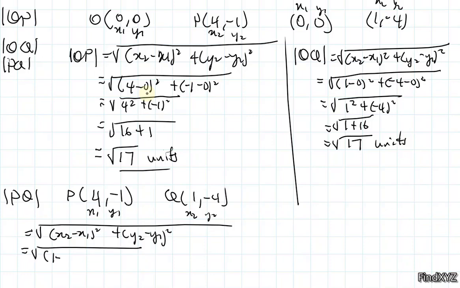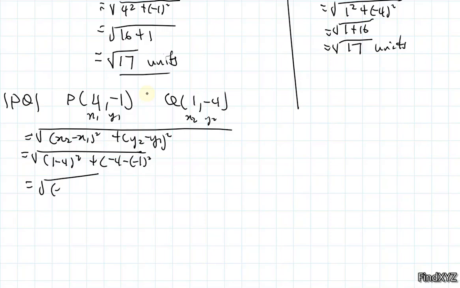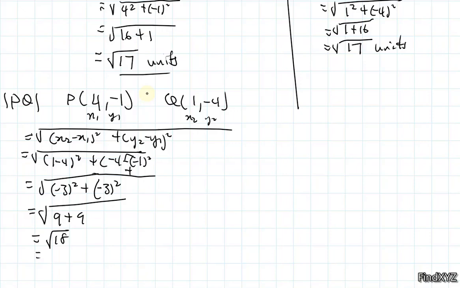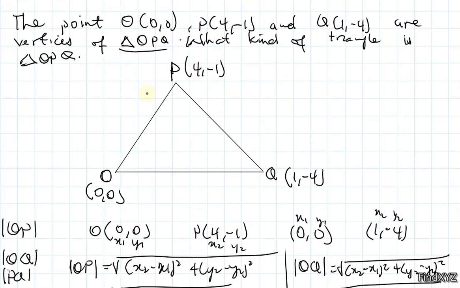So we have 1 minus 4 all squared plus -4 minus -1 all squared. 1 minus 4 will give us -3 squared, plus negative minus negative will give us positive. So we have -4 plus 1, that will also give us -3 squared. Every squared number is a positive number, so this will result in 9 plus 9. That will give us root 18. Now root 18 can be simplified to root 9, root 2, then root 9 will give us 3 root 2 units. The length of PQ is 3 root 2.